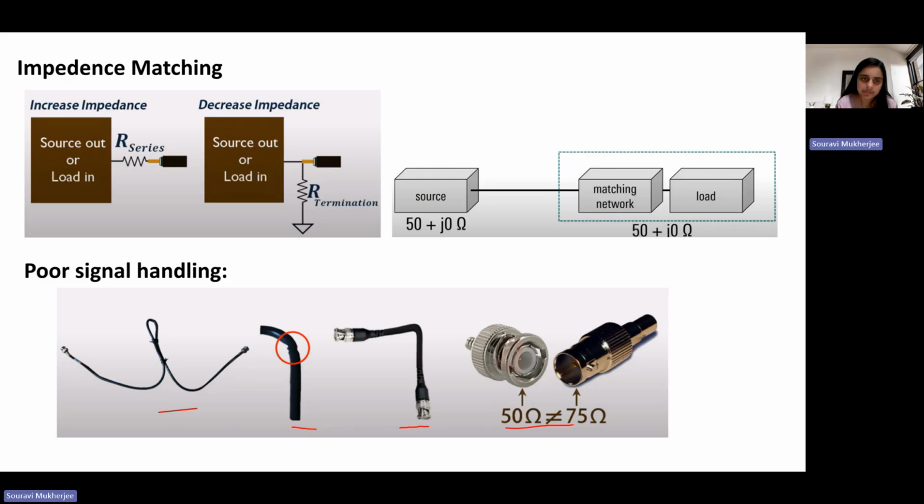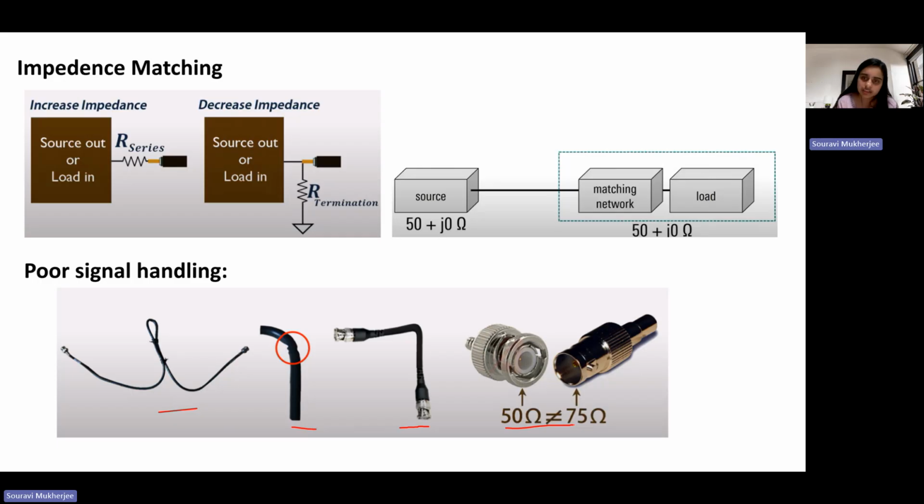Some loads have an impedance that does not change much as you change frequencies, but antennas have a very selective kind of behavior, so there the impedance does change significantly when you change frequencies.